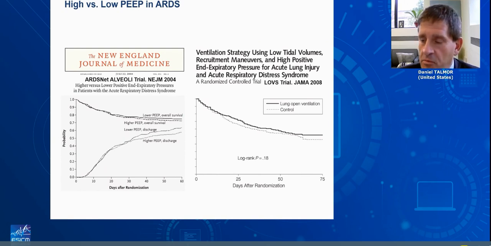As everybody on this call, I'm sure, is very familiar, large trials of higher versus lower PEEP have been disappointing. You can see these two large trials, the ALVEOLI trial and the LOVS trial, both used empiric PEEP levels, so PEEP FiO2 tables, and both of these trials were negative.